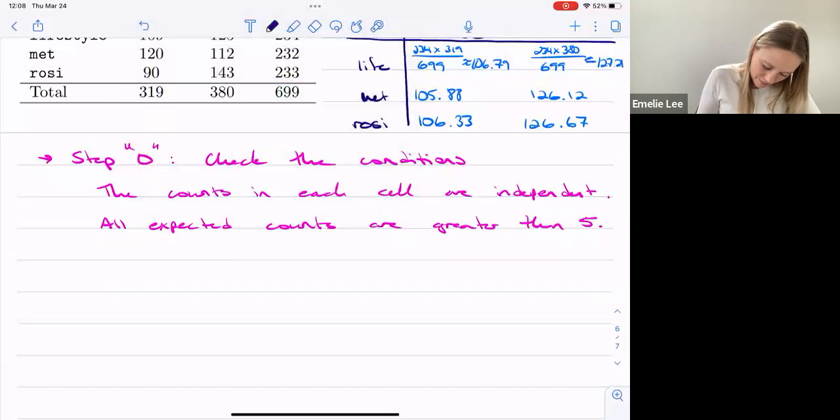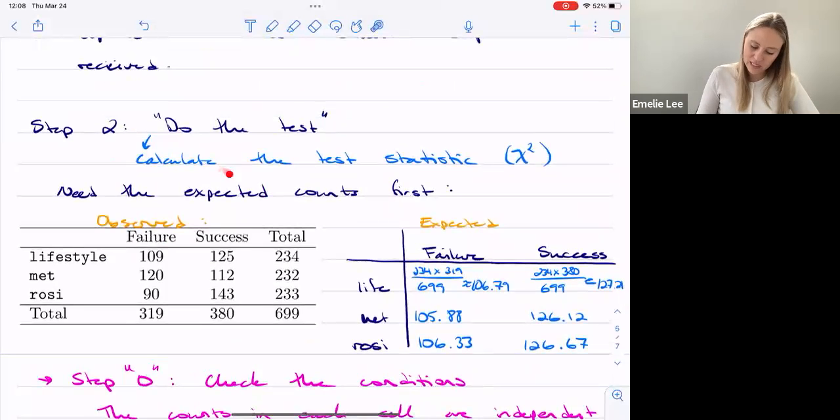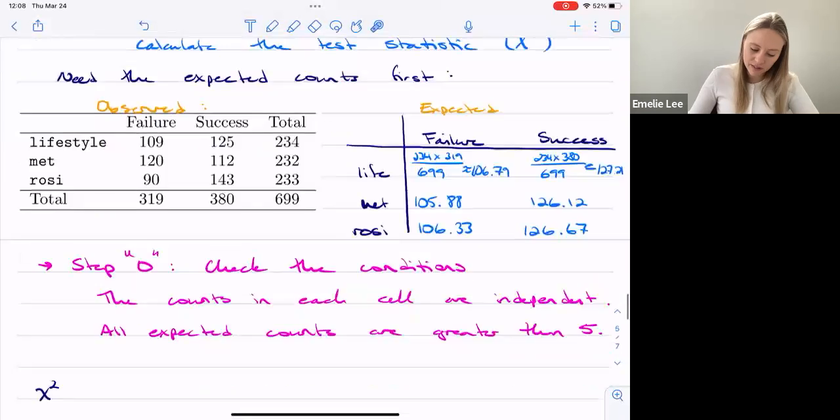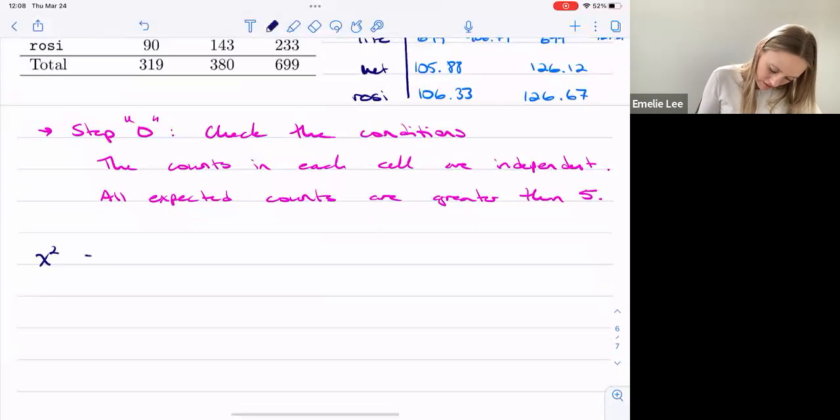All right, so then my calculated chi-squared, which is what we're here for, right? Doing the test means calculating the test statistic, which is the sum of the observed minus the expected, squared, divided by the expected.